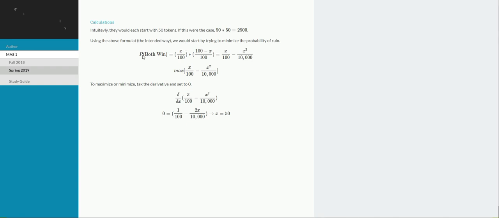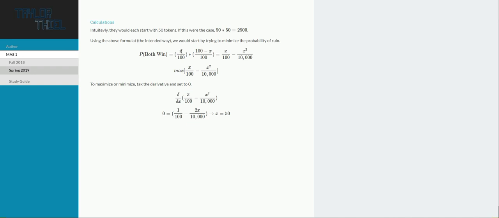So what's the probability of both of them winning? Well, they're independent. They go to different casinos and it's totally independent, so we can just multiply those probabilities. One of them is going to start with x tokens, however many that is, divided by 100, and then the other person is going to have what's left over. They have 100 tokens total, so that's 100 minus whatever the other person starts with.